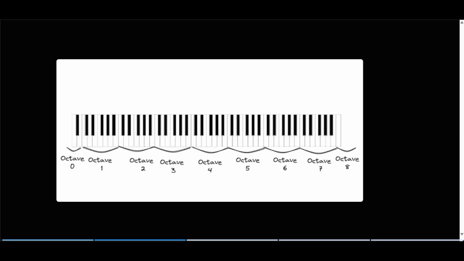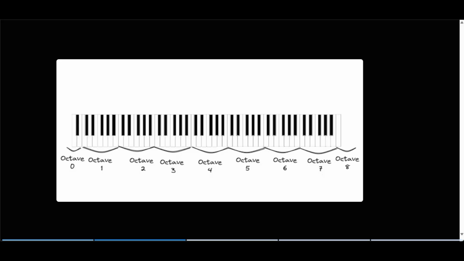What I meant is the note before two black note groups is always C. So there are a lot of C's. This is a C, this is a C, this is a C, this is a C again, a C again, and this is also a C, this is also a C. There are 8 C's already.